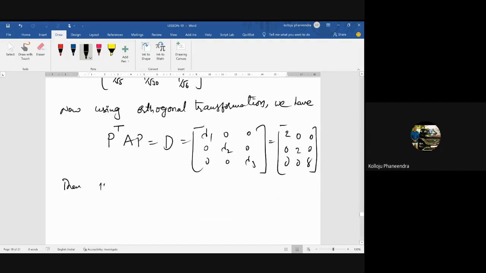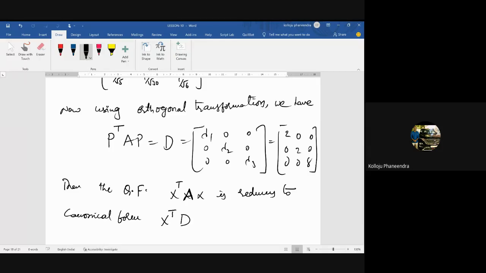Then the quadratic form, what is that? X transpose AX reduces to canonical form.